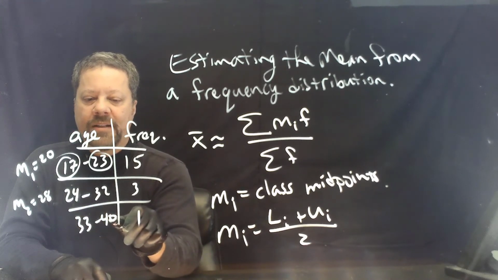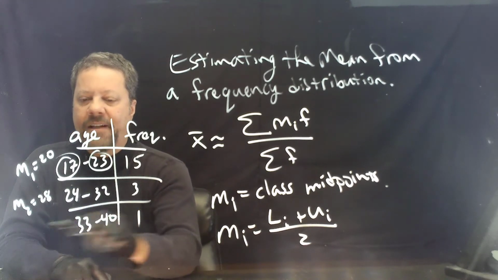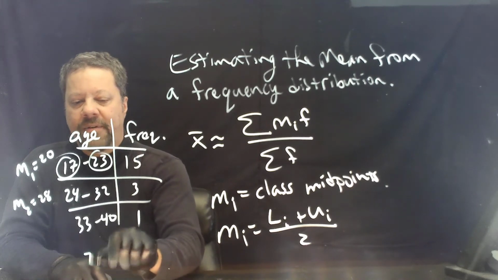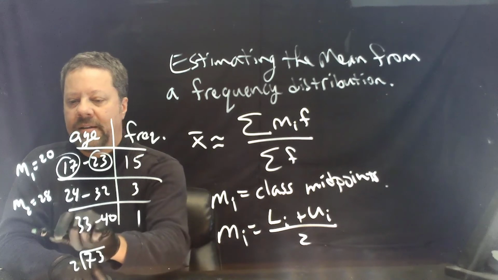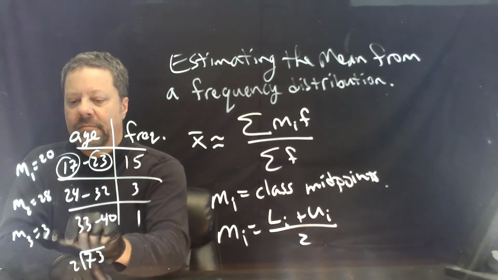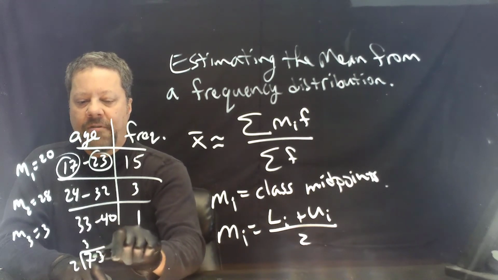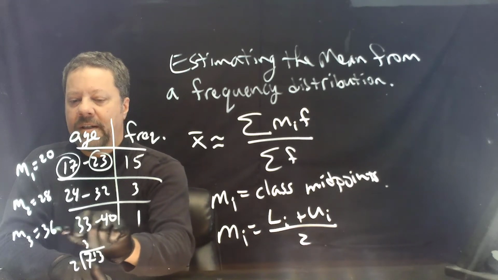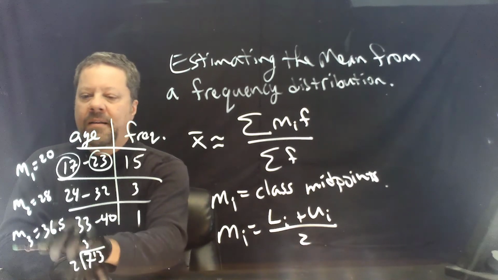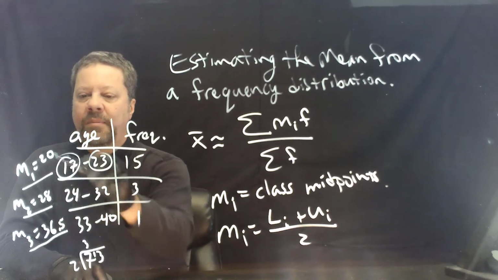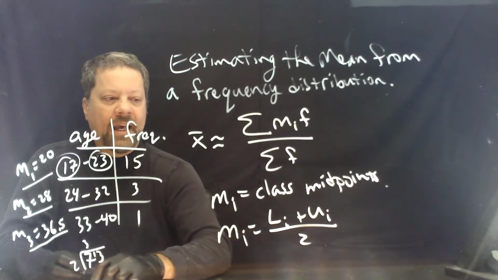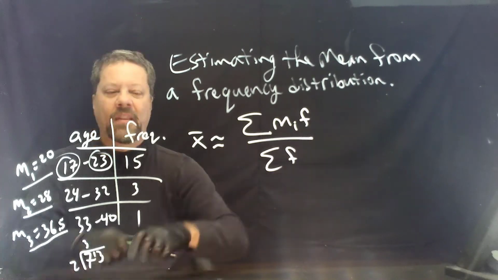And 33 plus 40 would be what? 73. 73 divided by 2. 2 goes into there, what? 30 with the remainder here. We get 36.5. So the class midpoints in this case would be 20, 28, and 36.5.